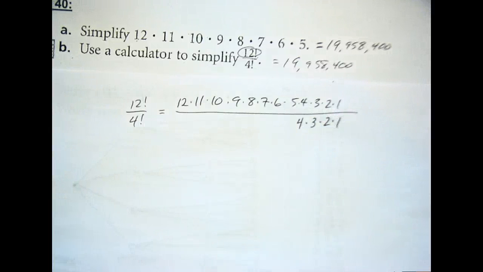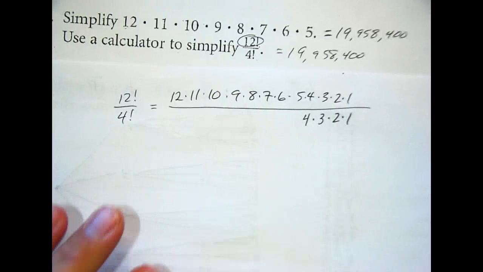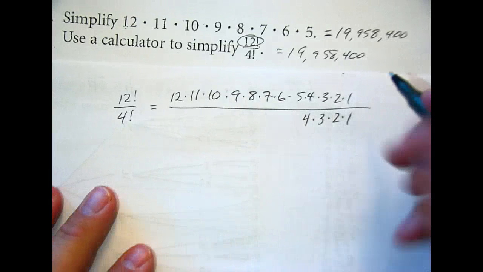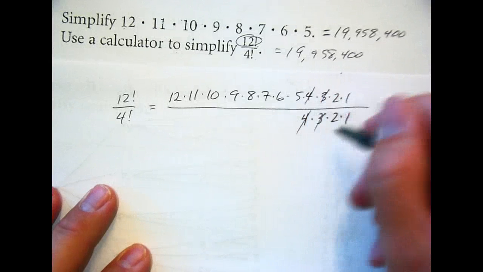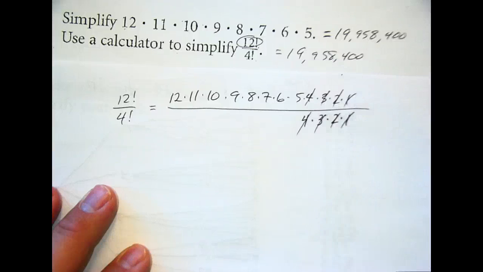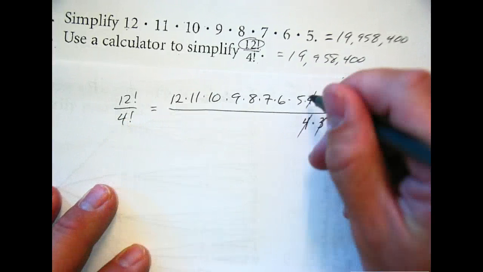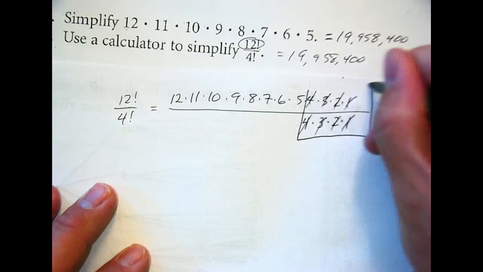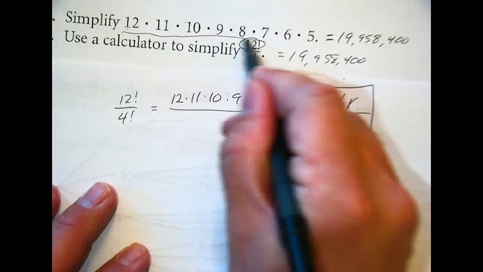Now, when you're dividing, note there aren't addition or subtraction signs, it's multiplication. When you're dividing, you can cancel these things out. So when I divide 12 factorial by 4 factorial, I'm getting rid of that last chunk, which leaves me with this part right here. That's why they're equal.